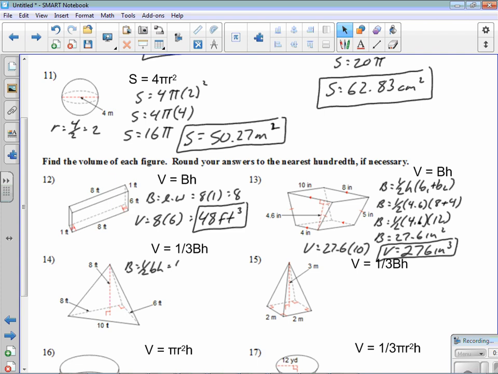So it's going to be 1/2 of 8 times 6, which is half of 48, or 24. So for volume, we're going to have 1/3 area of the base, 24, times the height, which is 8. And 1/3 of 24 is 8. 8 times 8 is going to give us 64 feet cubed for volume.